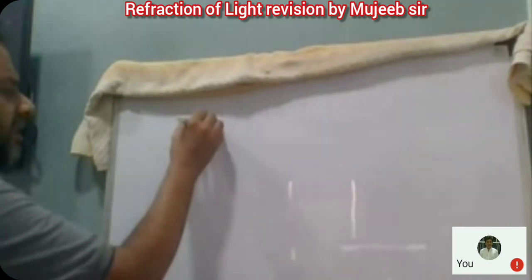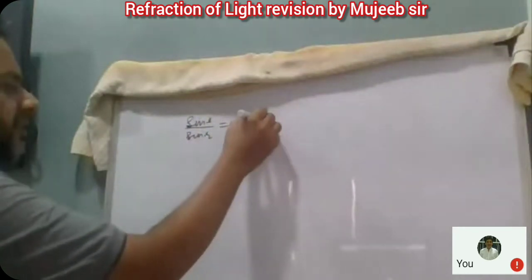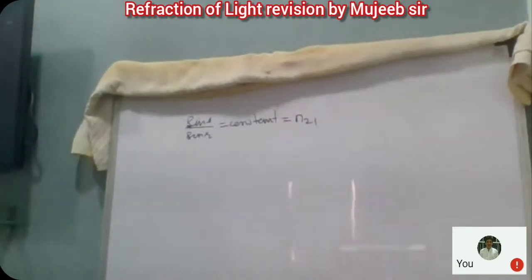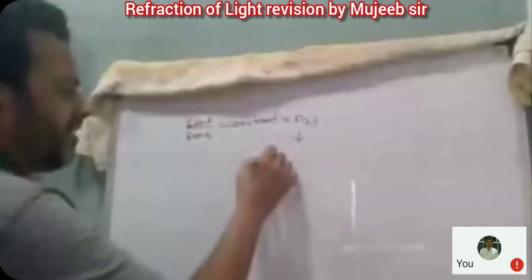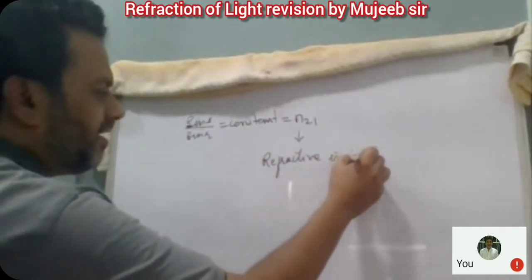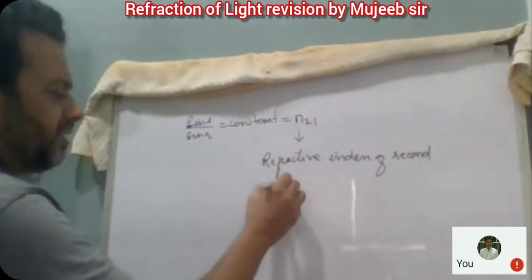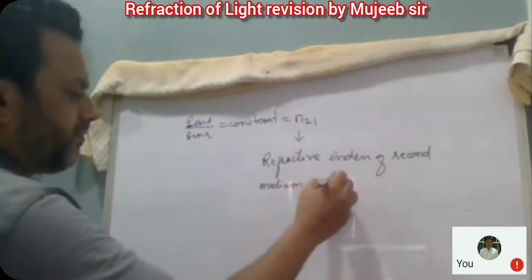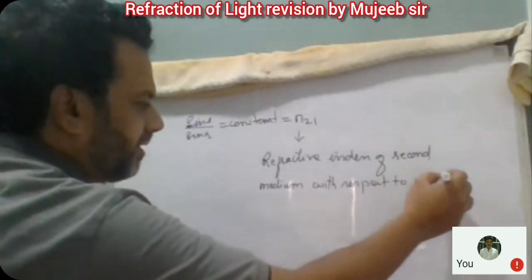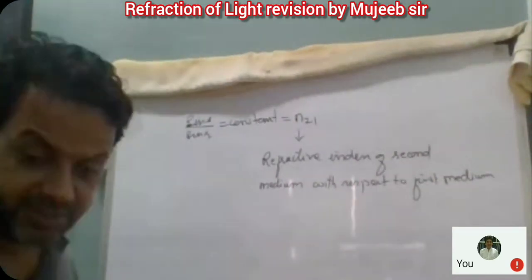This constant is represented by n21, and it is called the refractive index of the second medium with respect to the first medium.